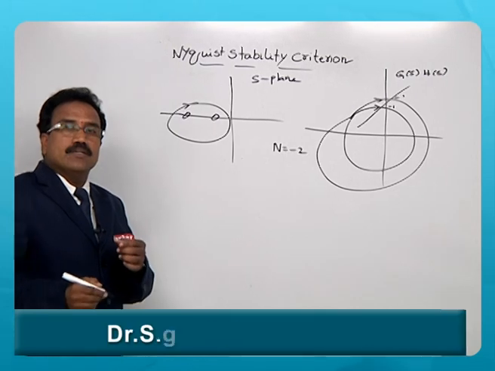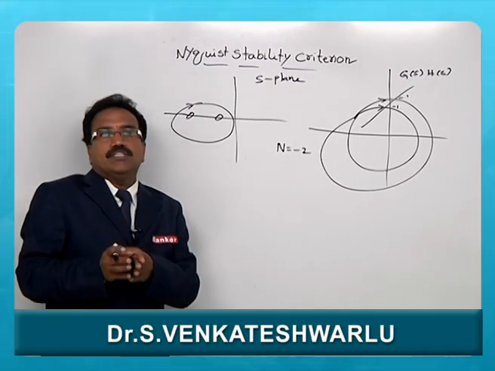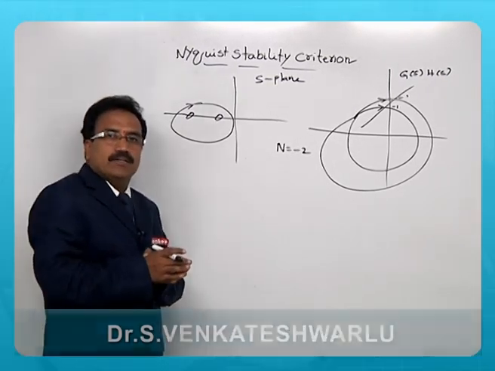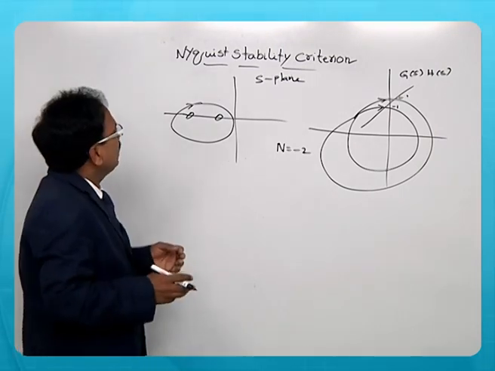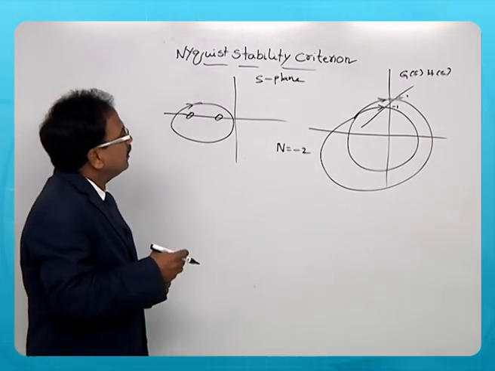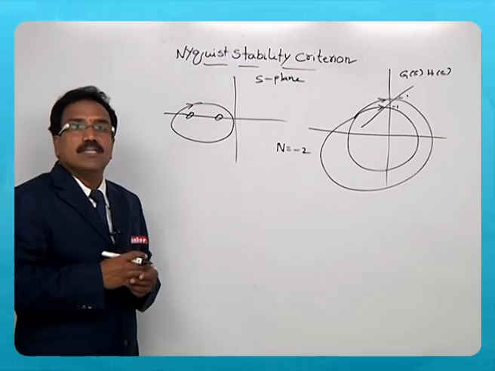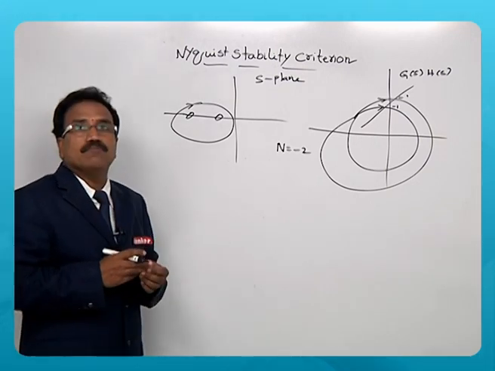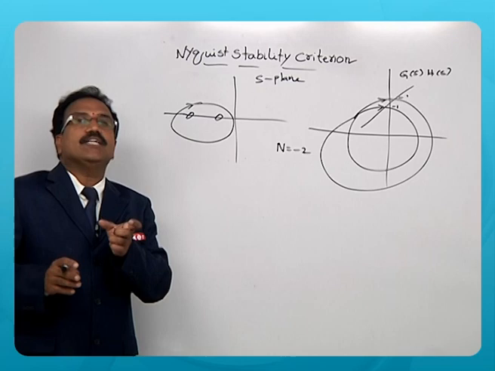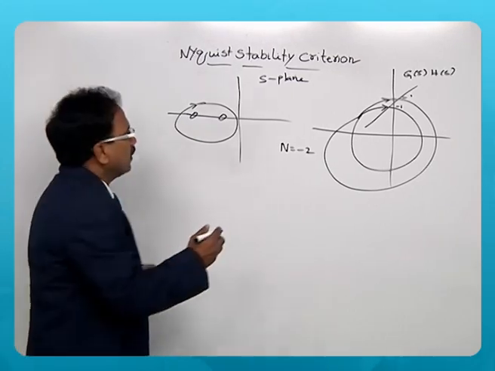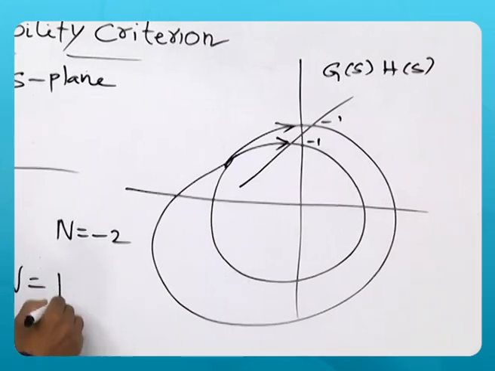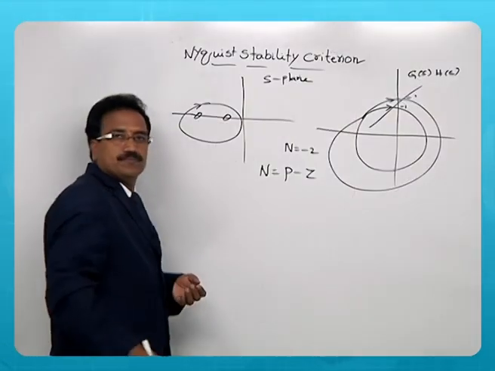That means when poles and zeros in the S-plane are covered by a closed path, there will be corresponding encirclements in the G(s)H(s) plane by a mathematical relation according to the principle of argument: n is equal to p minus z.